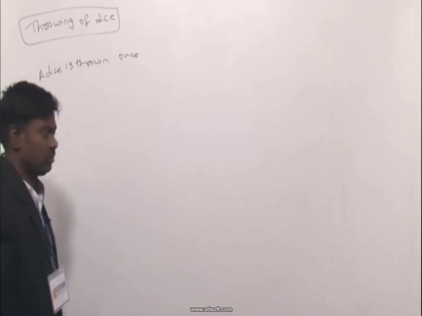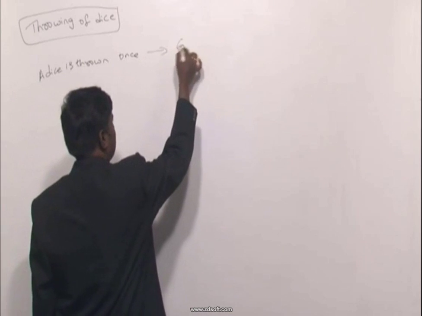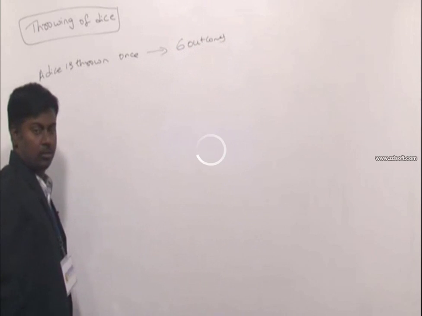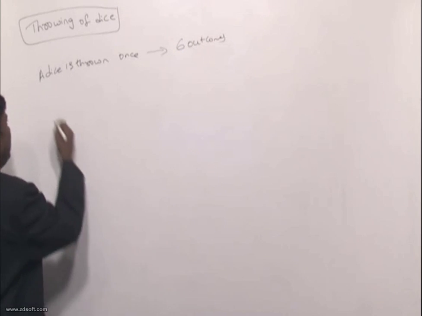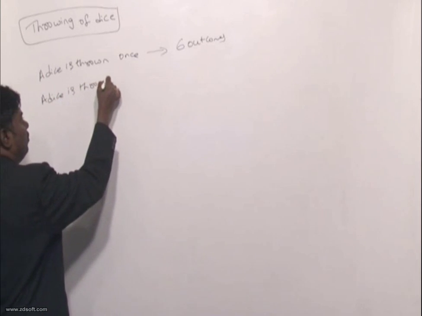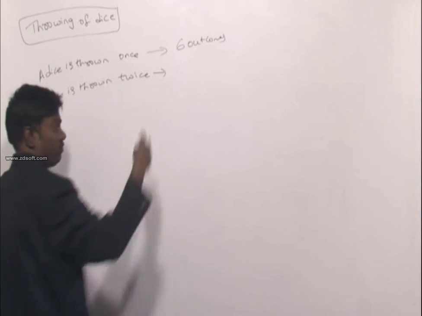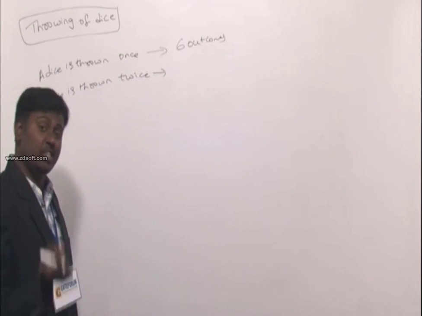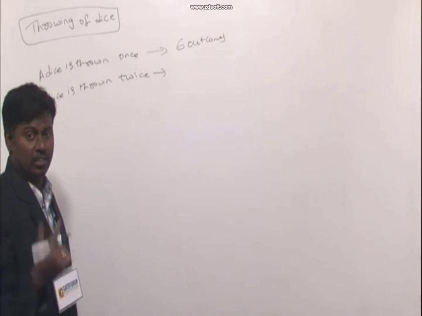If a dice is thrown once, what are the different outcomes possible? 6 outcomes. If a dice is thrown twice, then what are the different outcomes possible? For the first dice, 6 outcomes. For each of those outcomes, for the second dice, there are 6 outcomes.